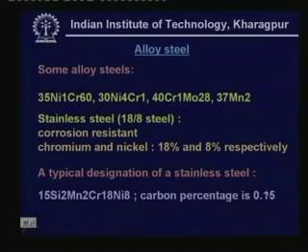In the same way, 30Ni4Cr1, then 40Cr1Mo, and then 37Mn2, which means it has only manganese. One is a chromium molybdenum steel, and this is a nickel chromium steel. It is also a nickel chromium steel, but just by different additions of the percentages of nickel and chromium, your strength has changed.